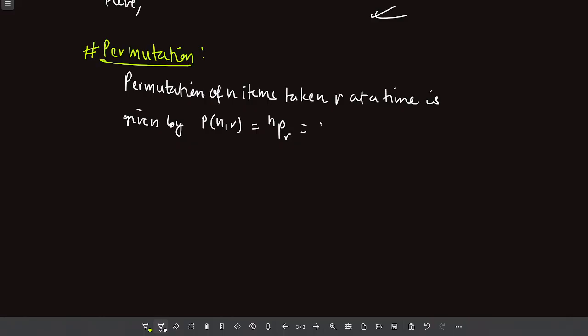Its formula is n factorial over n minus r factorial. So this is the total number of the ways.